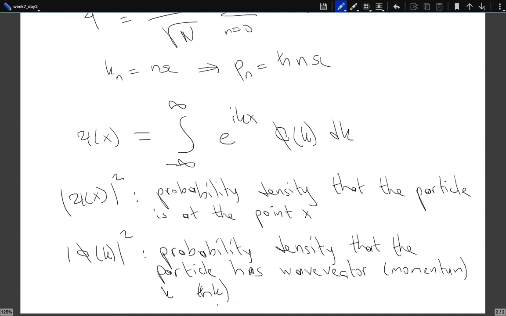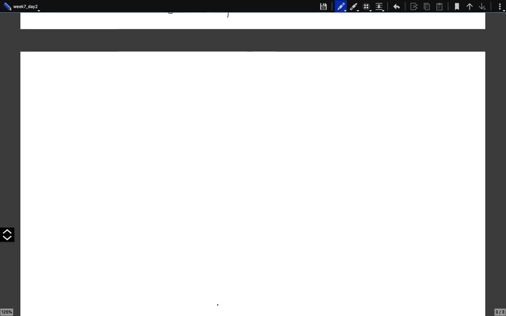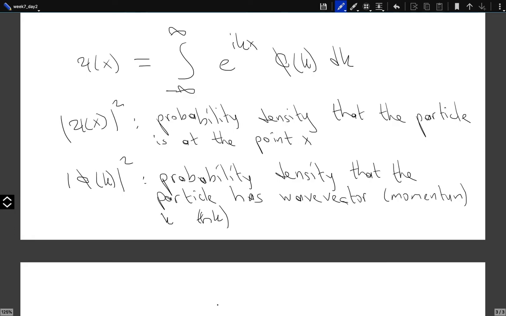And this demo over here is just choosing one k vector, that's just a single term in this sum, basically means that phi of k is non-zero only at a particular value of k, and it is 0 everywhere else.